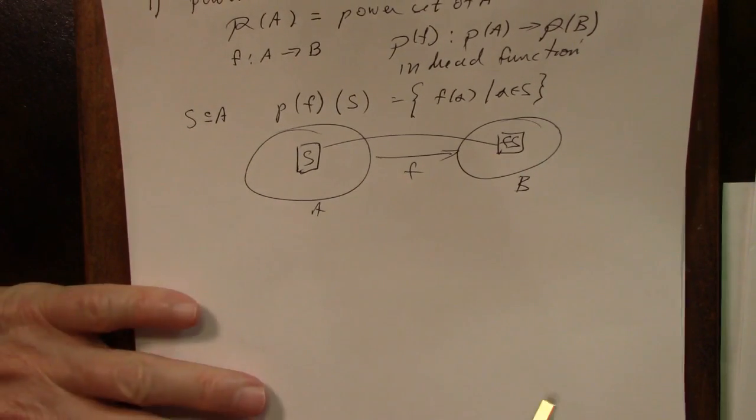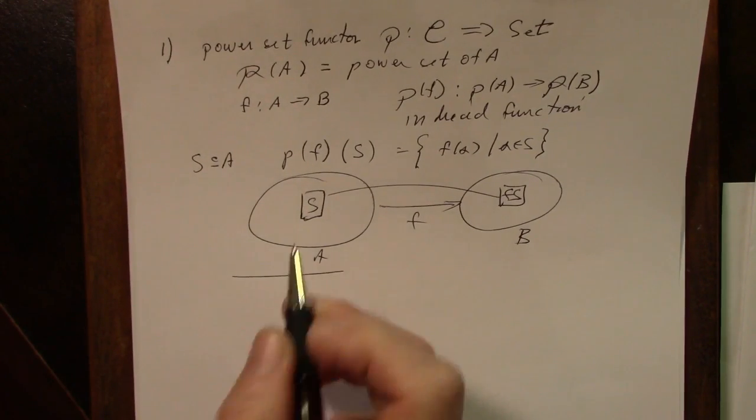There is a contravariant version of the power set functor.